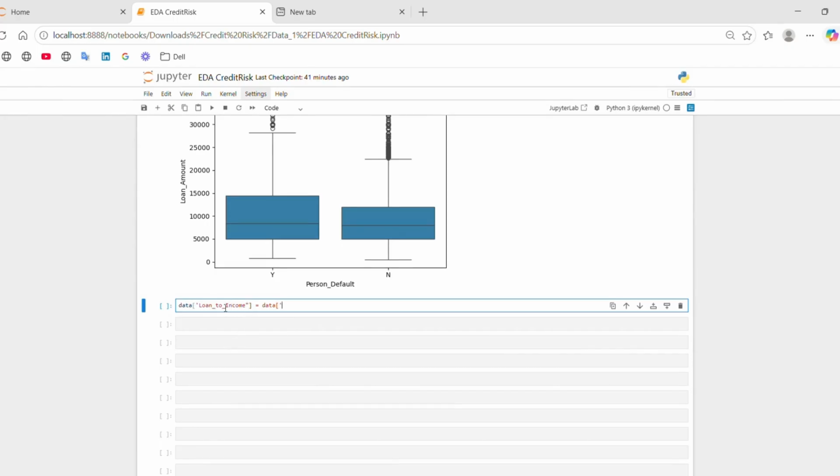For this we'll use loan amount, and this is getting divided by the person income.